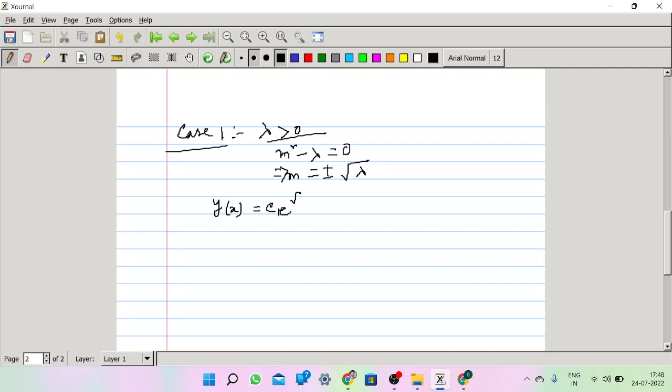So let me consider case 1. Case 1 is that lambda is positive. So in that case m square minus lambda equal to 0 implies m equal to plus minus root lambda. So my solution is y(x) equal to c1 e power root lambda x plus c2 e power minus root lambda x, where c1 and c2 are arbitrary constants.